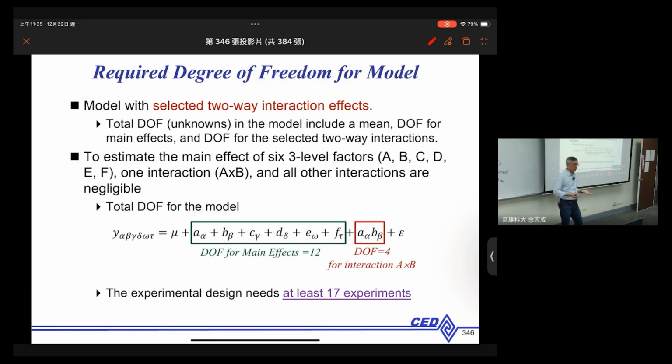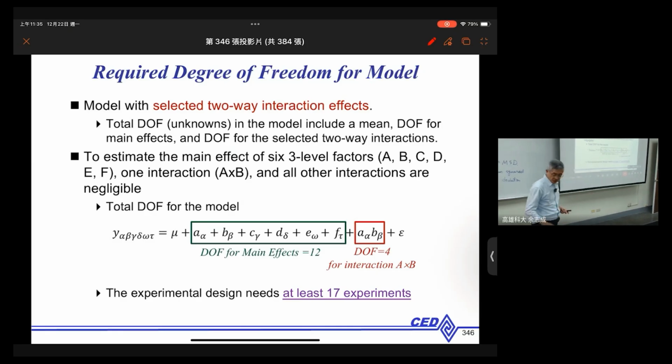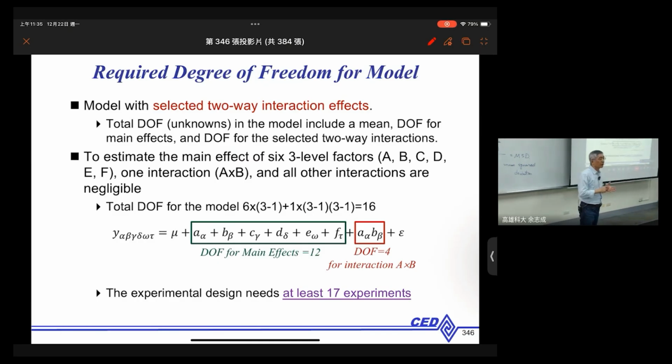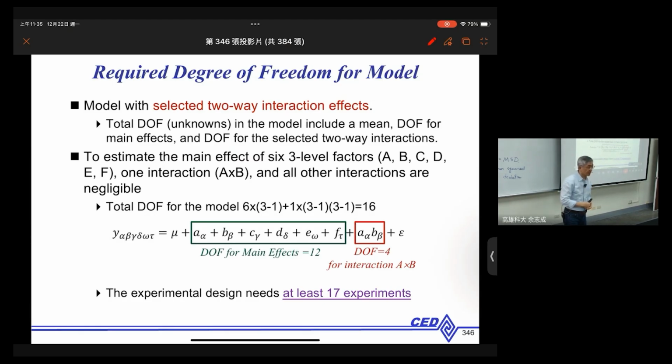But usually for the degrees of freedom, we automatically deduct 1 for the mean. So the total degrees of freedom will be 16. All right. If you know that the total degrees of freedom will be 16, it means that you need at least 17 samples, which will give you 17 equations.